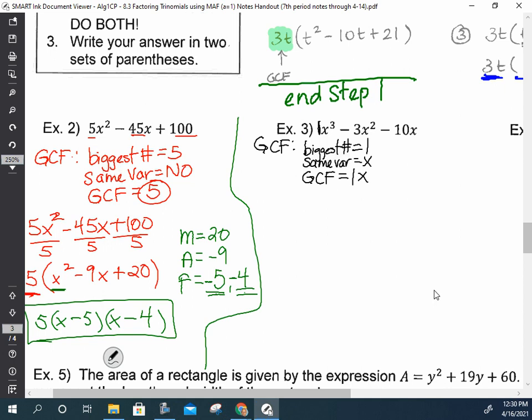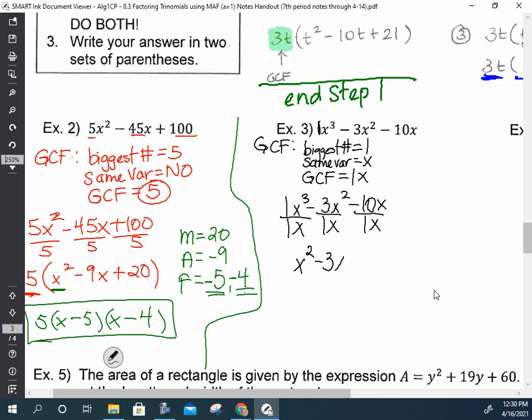So we're going to divide everything by 1x. So 1x, 1x, 1x. So 1 divided by 1 is still 1. X to the third divided by x is x squared. Remember, you subtract the exponents. 3 divided by 1 is 3.